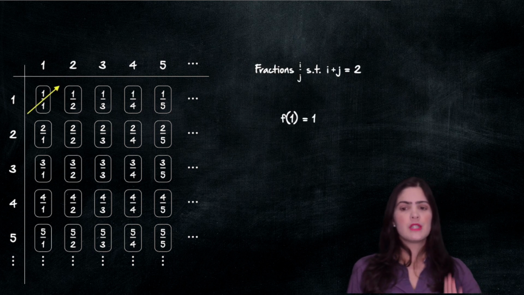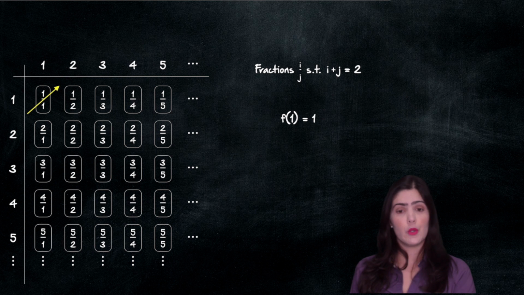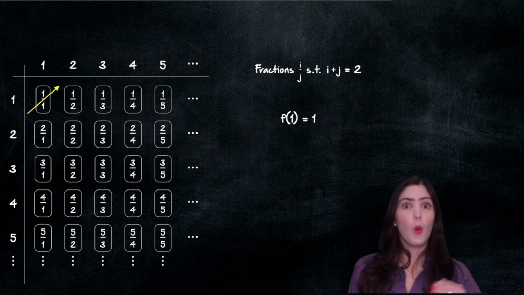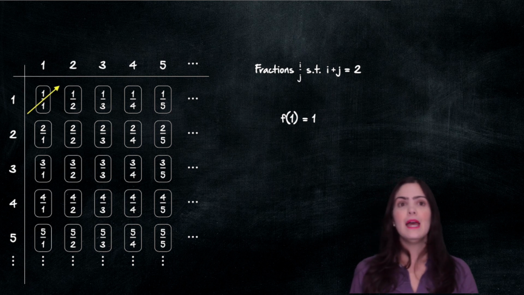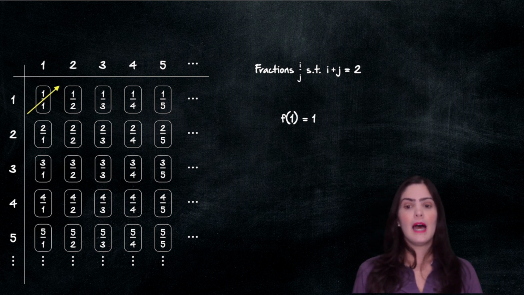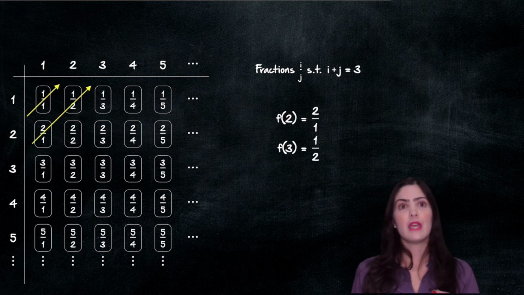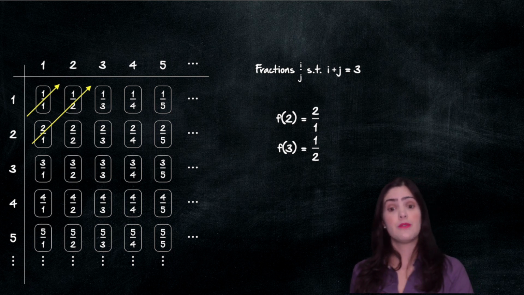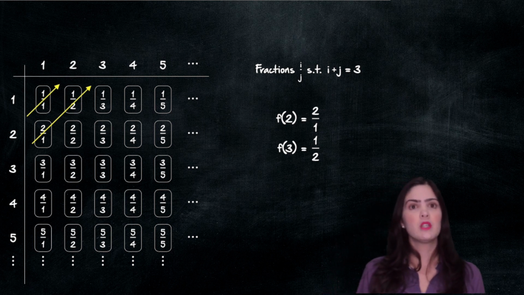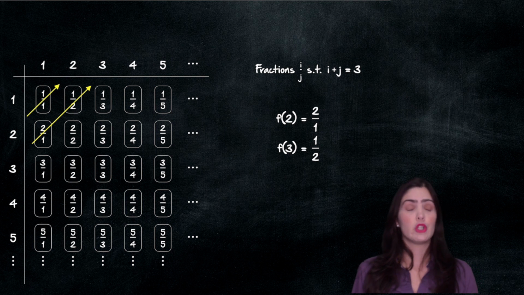We're going to start first with the fractions i over j such that i plus j is equal to 2. In this case, we have only 1 over 1. So f of 1 is just 1. Now we're going to look at the fractions i over j such that i plus j is equal to 3. We have two such numbers: 2 over 1 and 1 over 2.